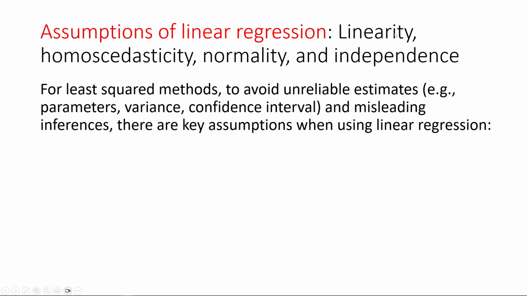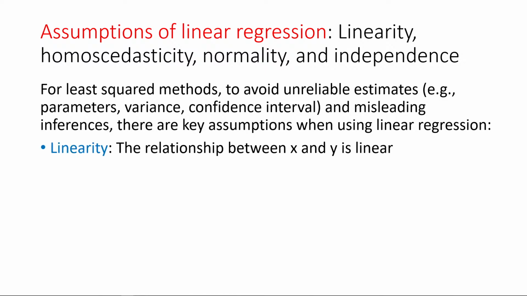These are linearity; homoscedasticity, meaning the variance is constant and does not increase with your independent variable; normality, where the error or residual is normally distributed or close to it; and independence, meaning there is no structure or autocorrelation in it.